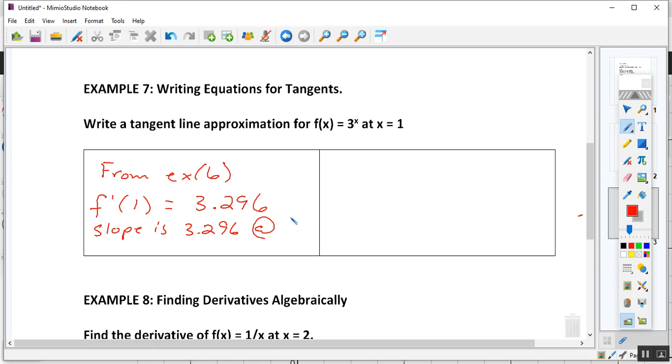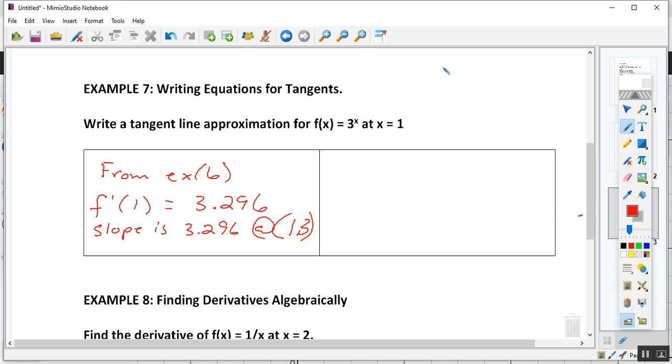When x was 1, what was your y value, kids? Three, right? Example 6. Okay? So from example 6, we knew that f prime of 1 was equal to 3.296. They're saying, hey, I want you to write an equation for a line of tangency to my point 1 comma 3 such that it's tangent to the function 3 to the x at that point 1 comma 3.